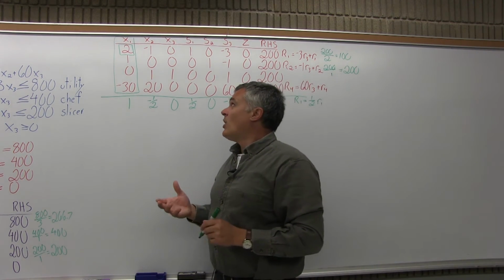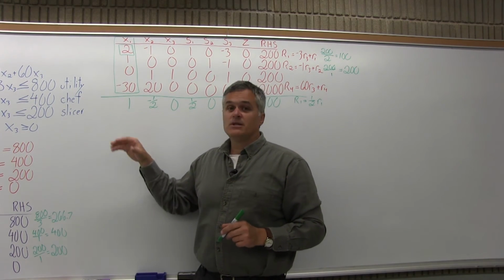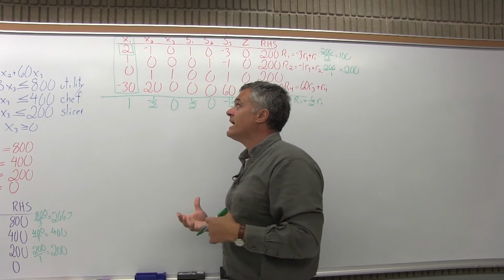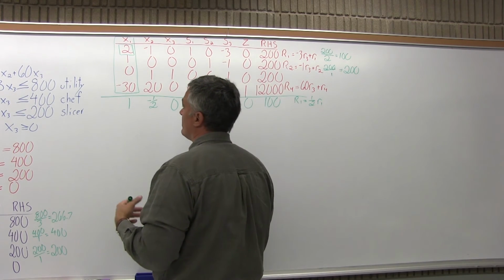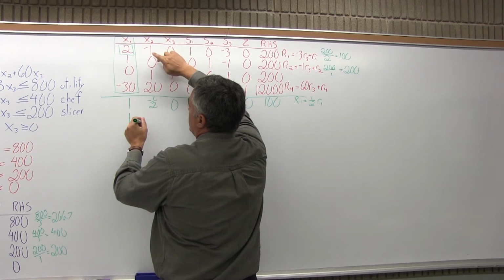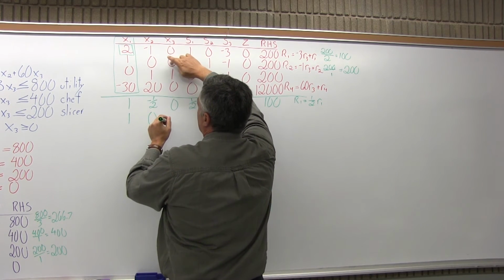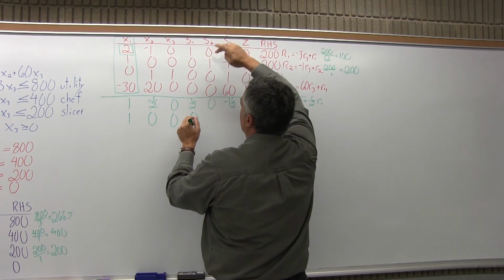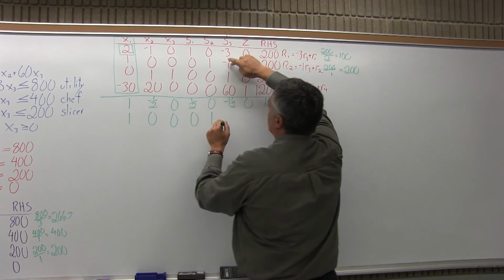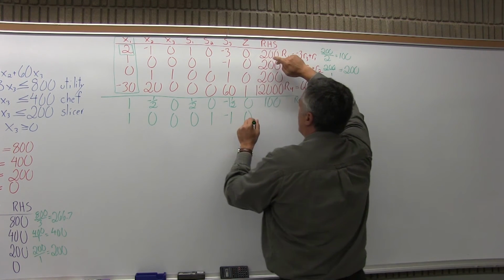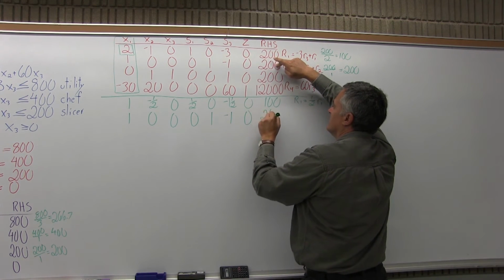Now I've made the 1 in my pivot column, so the other rows for this tableau are not going to change from the previous tableau. The second row stays the way it is: in the x1 column I have a 1, the x2 column a 0, the x3 column another 0, the s1 column a 0, the s2 column a 1, the s3 column a negative 1, the z column a 0, and the RHS column a 200.